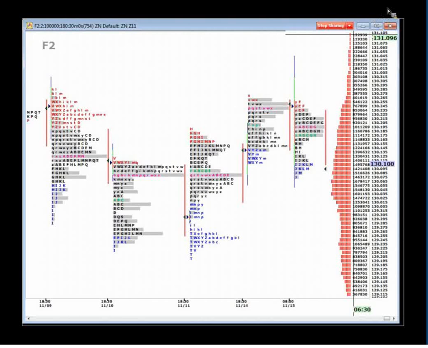So if we close the market at 10, right here, where might resistance lie? That would be 1. This would be 2. That would be 3.